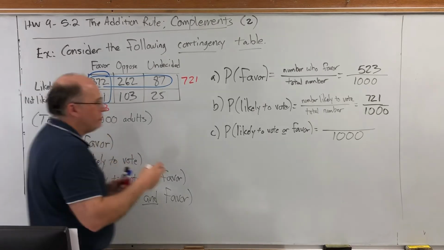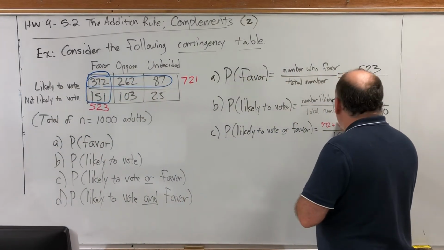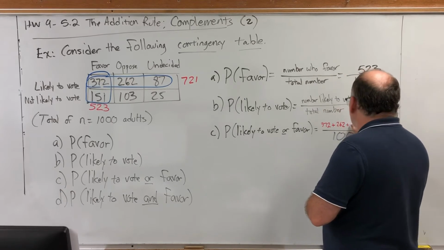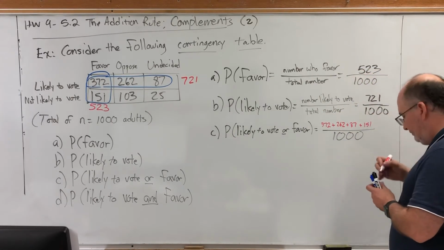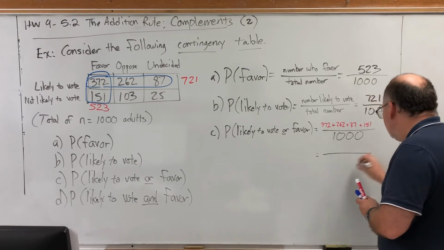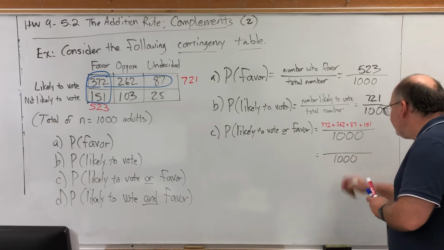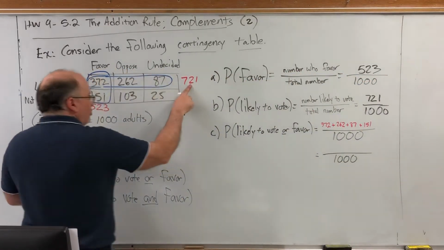So 372 plus 262 plus 87, that's the top row, plus the 151. Let's see what that equals. Well, I already know what the first three numbers add up to. They add up to 721.